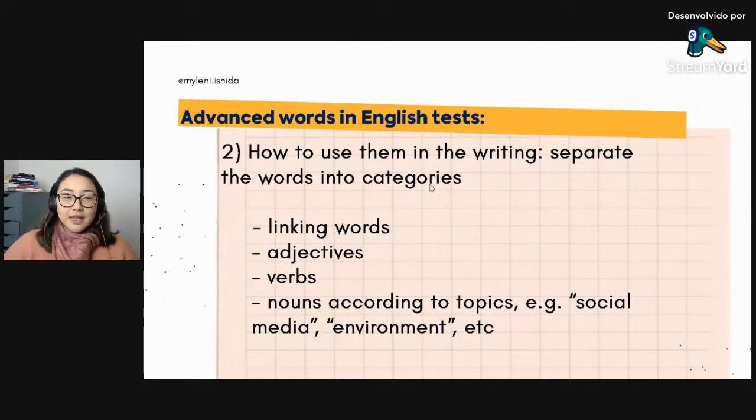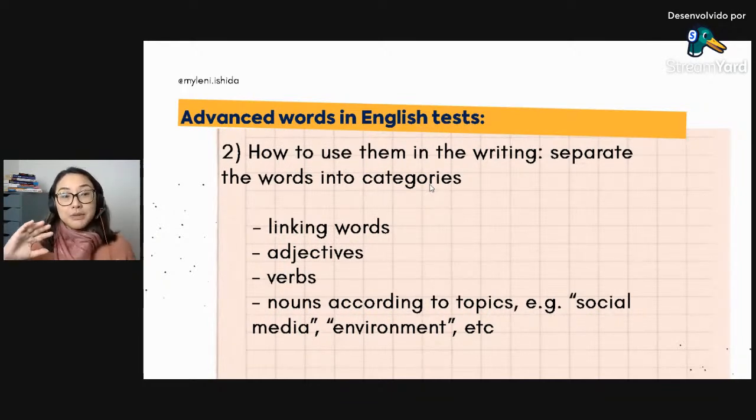My suggestion: okay, now you have the tools, how are you going to approach this topic, okay? In the writing, in the speaking as well, but in the writing, you can think about the advanced words into categories, okay? So you have linking words, adjectives, verbs, and the nouns, okay?